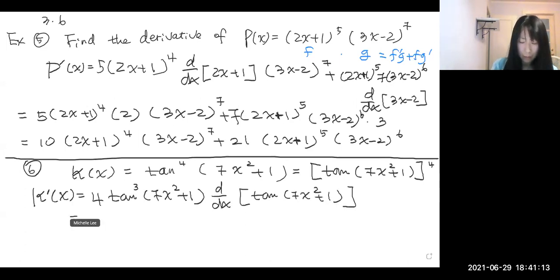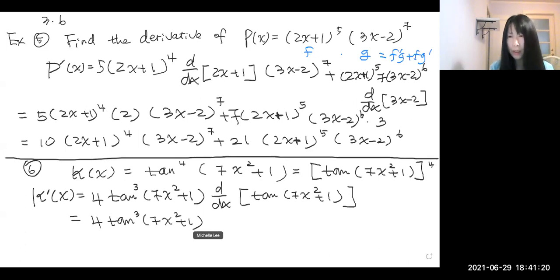Now, let us just rewrite. What's the derivative of tan(7x squared plus 1)? So, the trick: secant? No, it's secant squared of 7x squared plus 1.